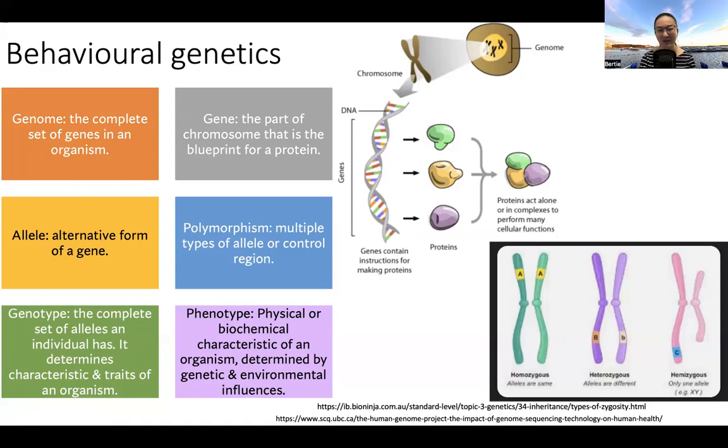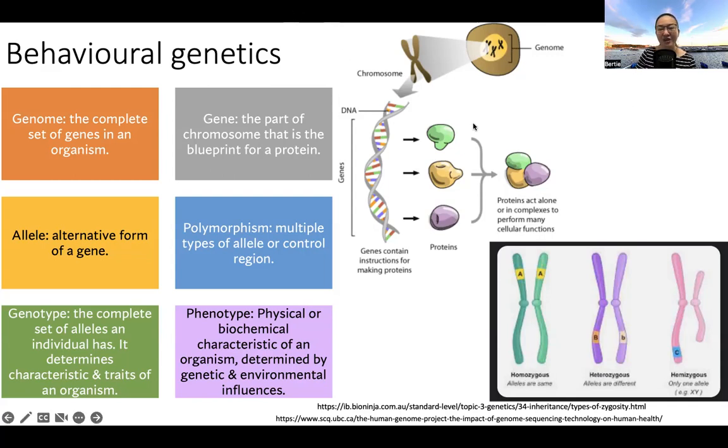Multiple types of allele or control region. Genotype. The complete set of alleles an individual has. It determines characteristics and traits of an organism. Phenotype. Physical or biochemical characteristic of an organism determined by genetic and environmental influences.